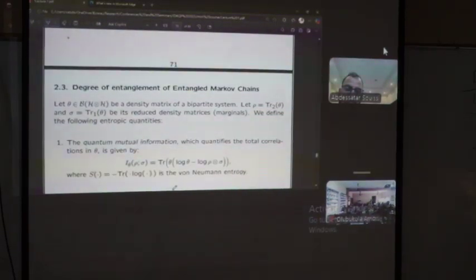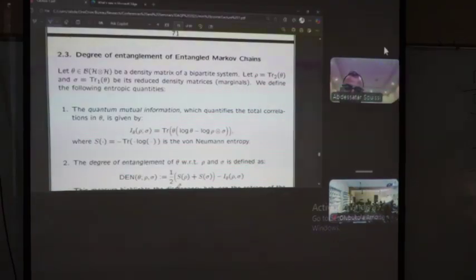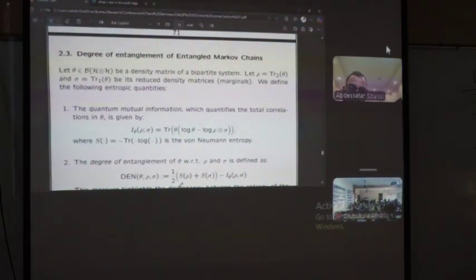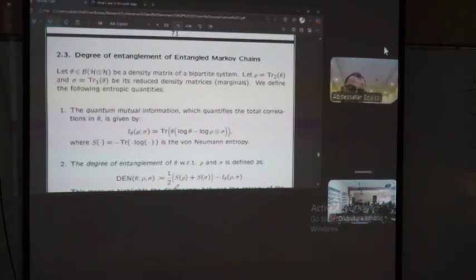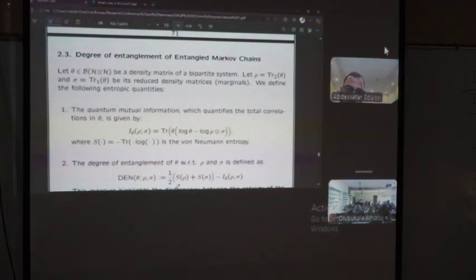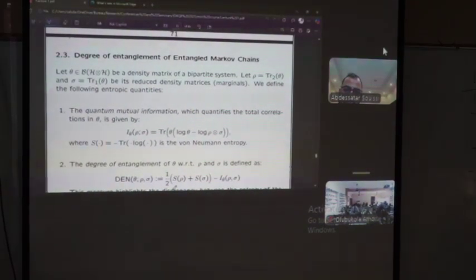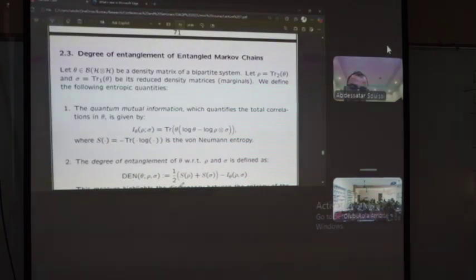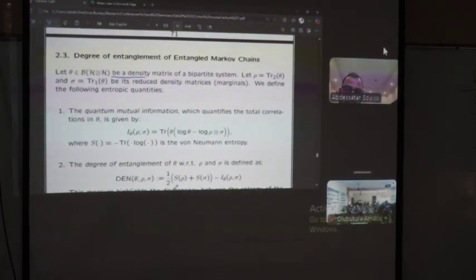Now we are ready to define one of the most important measures of entanglement, which is known as the degree of entanglement, introduced by Professor Ohya and then studied over several years. For theta in B of H tensor H, acting on the composite system, we take rho as the partial trace over the first component, and sigma as the partial trace over the second.